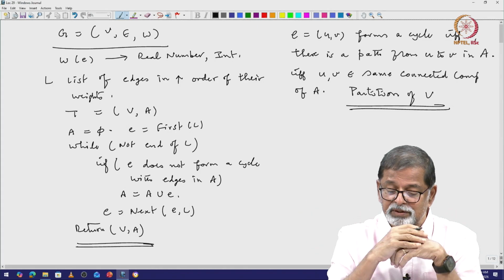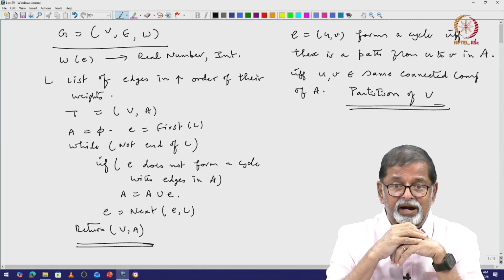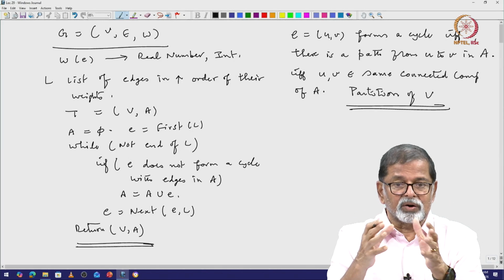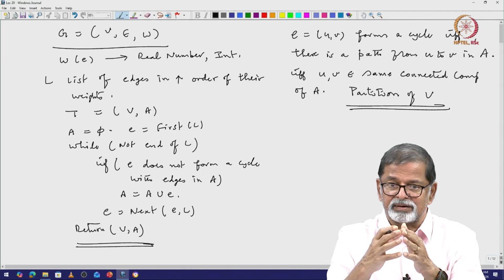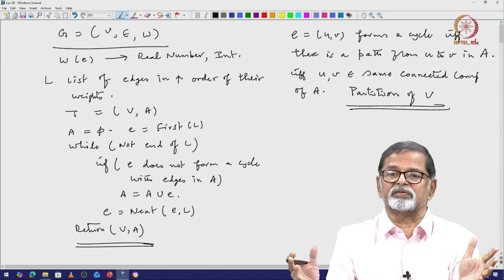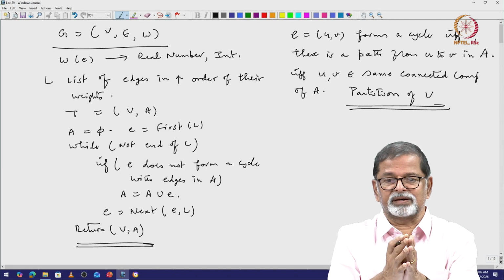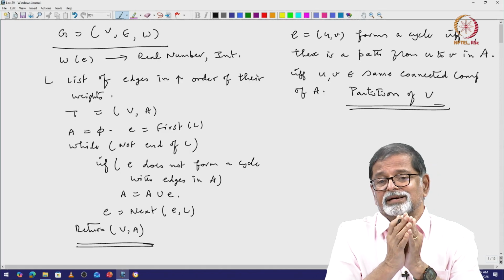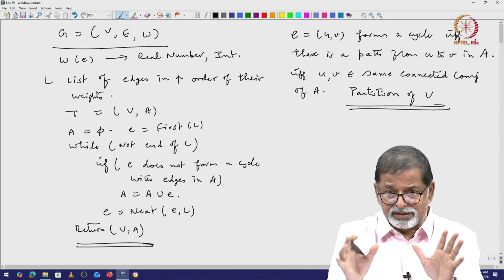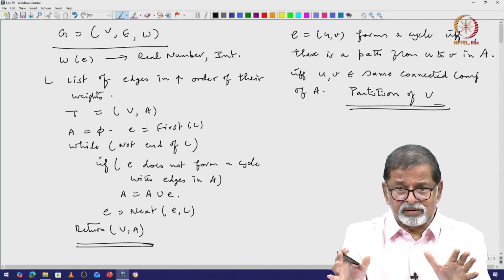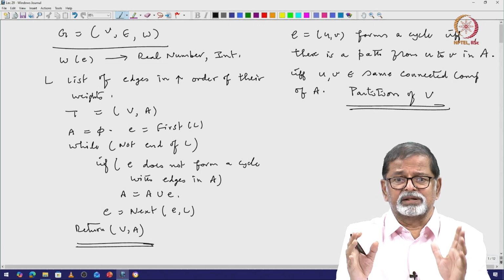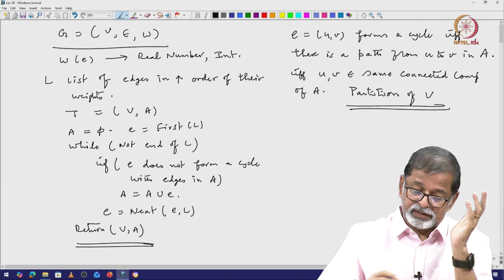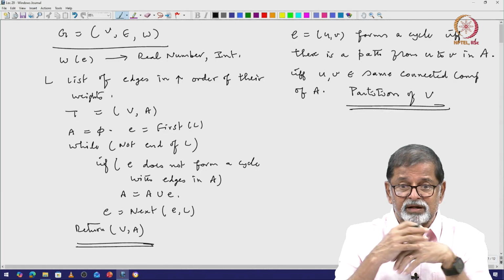So, we have introduced the partition ADT, and in the partition ADT we have introduced two operations, union and find. Union takes two different sets and creates the union of them. Find returns the name of the set containing the vertex. Armed with this, assuming that the abstract data type is available, I can write the following.